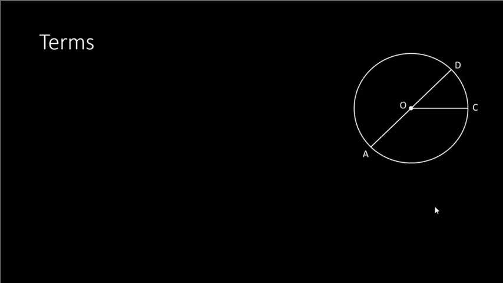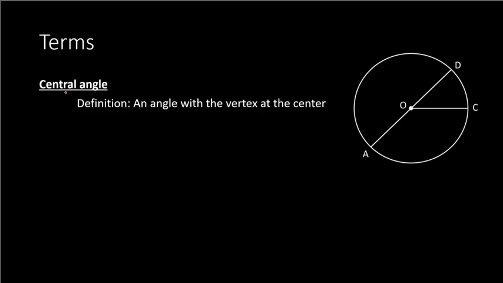Now over here with this picture, we want to point out another term, and the term is a central angle. The definition is basically in the name itself. A central angle is an angle where the vertex is at the center. So it's an angle at the center.